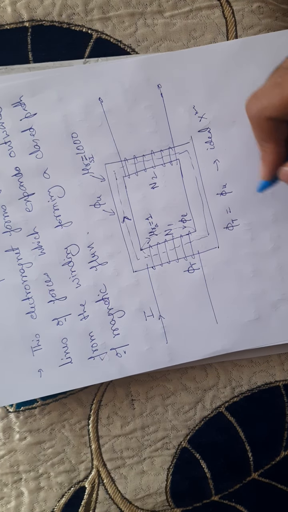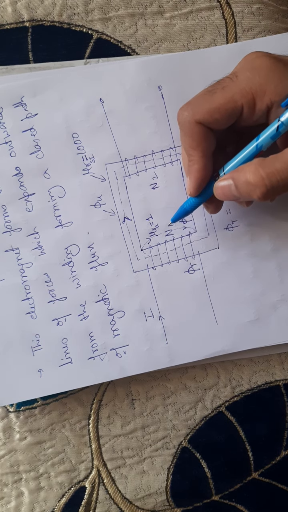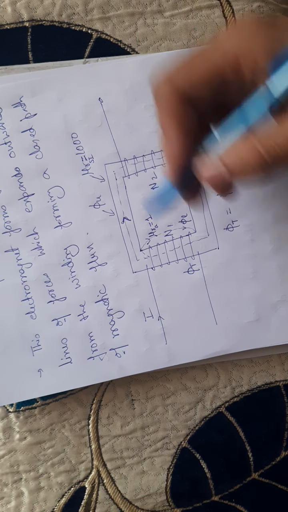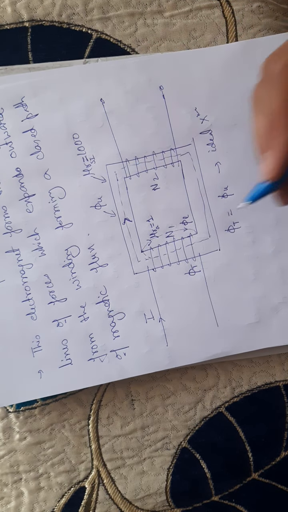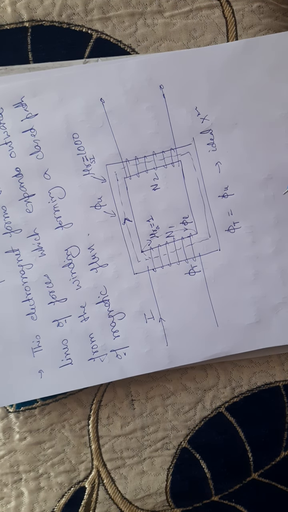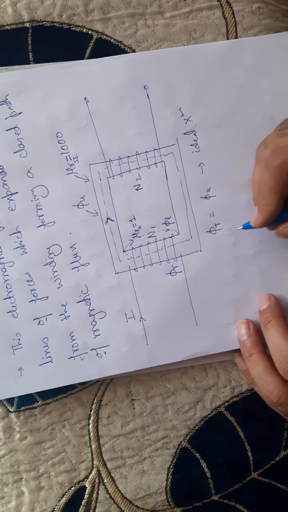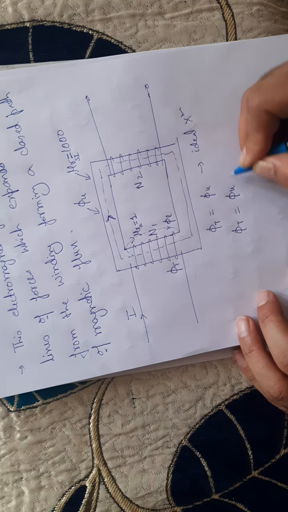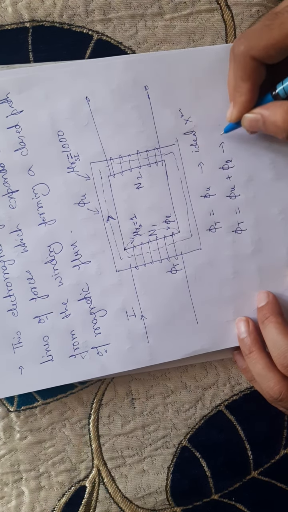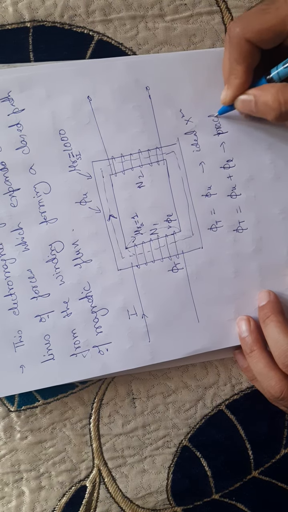But actually, you cannot make all the flux flow through the core. Some amount of flux, maybe 1% or 2%, will flow through the air gap. That flux is called leakage flux. So then phi total will be phi useful plus phi leakage. This is the practical transformer.